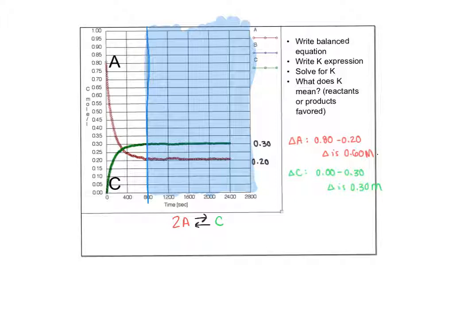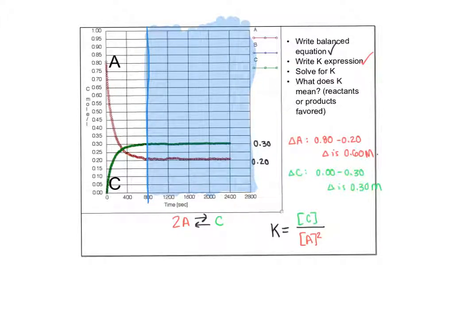All right, so now we can write our equilibrium expression. So there's my balanced equation. The K expression is equal to products, which is the concentration of C, divided by my reactants, which is A squared.